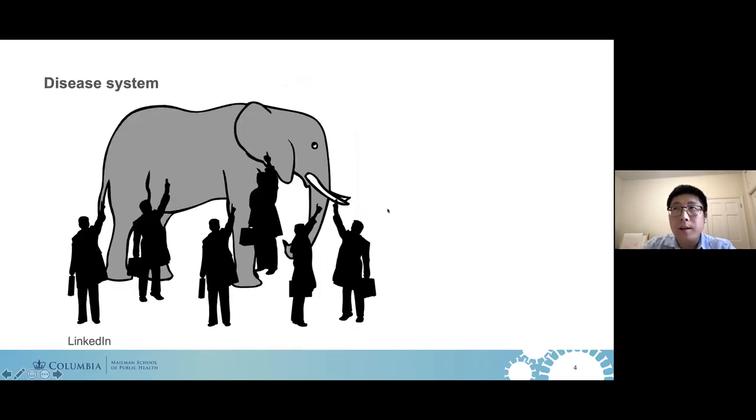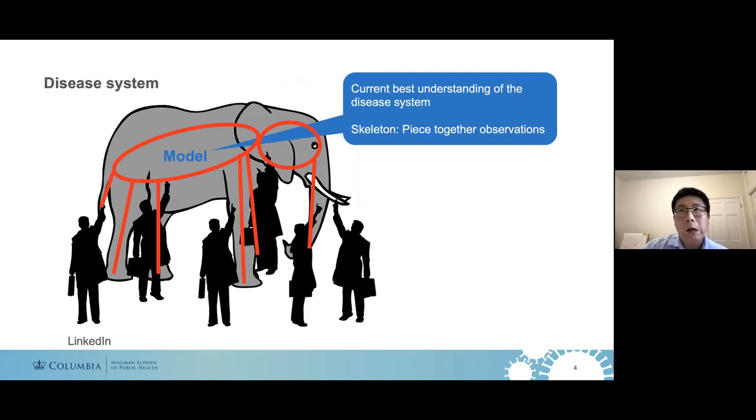And this situation is analogous to the story of the blind men and the elephant. Every person can have a partial observation of the animal, but how should we piece together those observations to get an overview of the animal? So in our approach, we use mathematical models to serve as the skeleton of the animal.